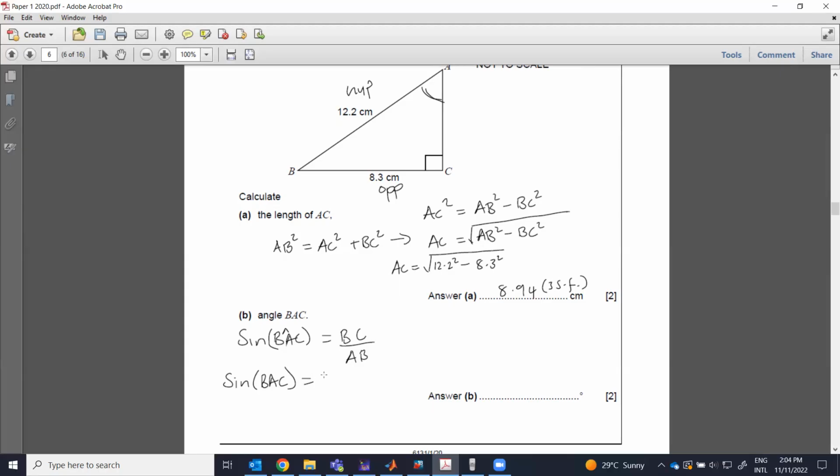This is my BC is 8.3. My AB is 12.2. And then to work out BAC, we take sine inverse on both sides. So BAC, this is sine inverse of 8.3 over 12.2 degrees.